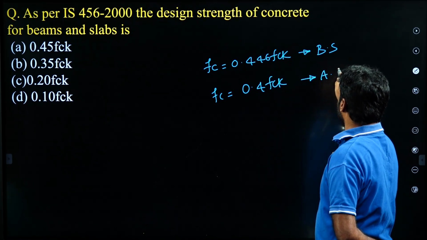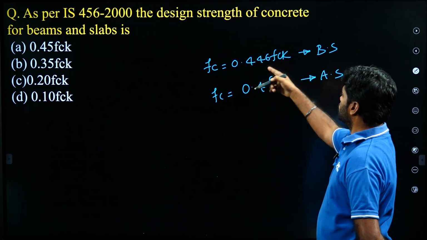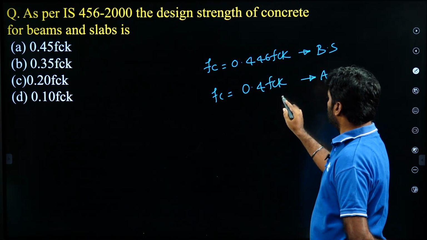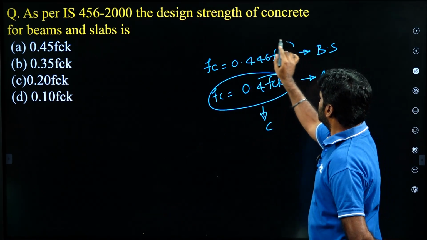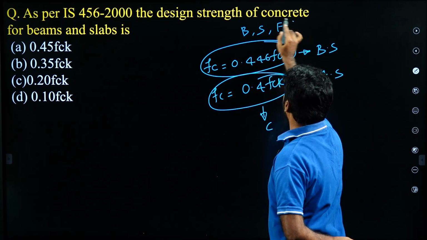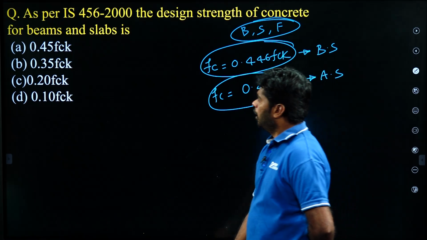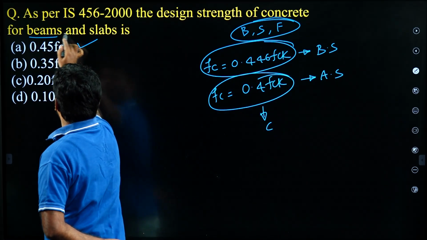This is axial strength, axial compressive strength of concrete. It is a bending compressive strength, and it is the axial compressive strength of concrete. This is in columns, and this is in beam, slab, even footings. Okay? Right. Option 0.45 FCK, because they have given beams and slabs.